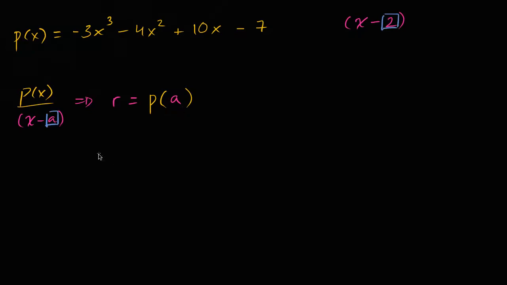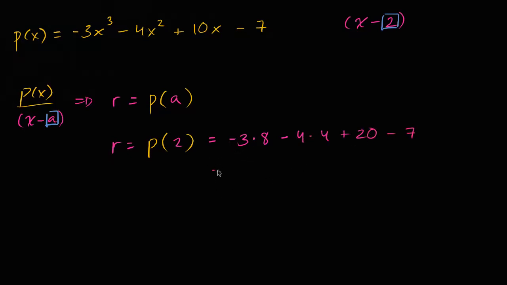So the remainder in this case is going to be equal to p of 2, which is equal to negative 3 times 8, minus 4 times 4, plus 20, minus 7.